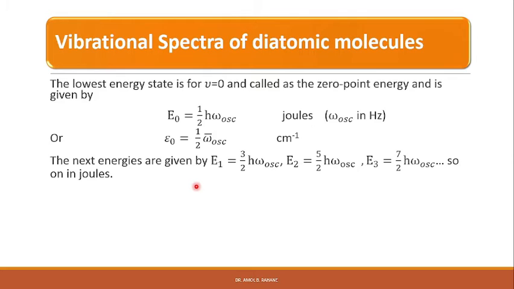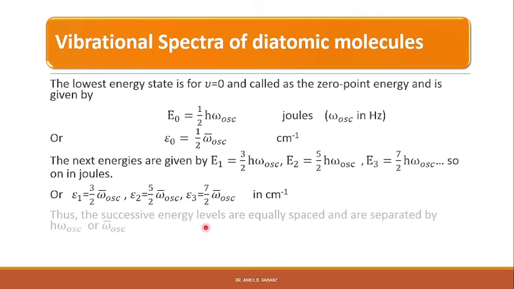The next energies are given by E1 is equal to 3/2 h omega oscillations, E2 is equal to 5/2 h omega oscillations, E3 is equal to 7/2 h omega oscillations, and so on, in joules. Or when we express in terms of per centimeter, we replace h omega oscillations by omega bar. Thus, the successive energy levels are equally spaced and are separated by h omega oscillations or omega oscillations bar.